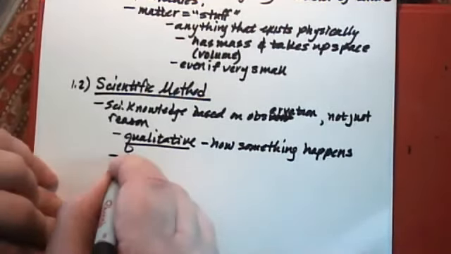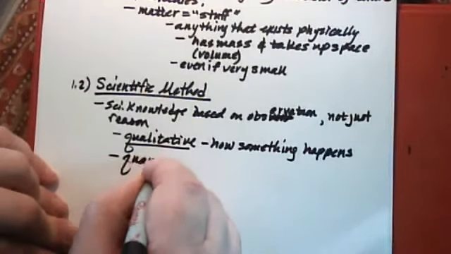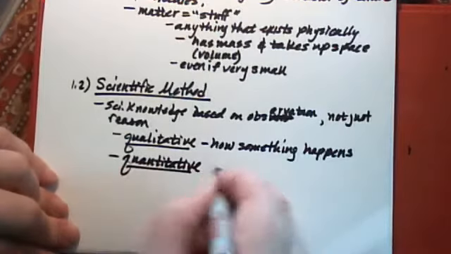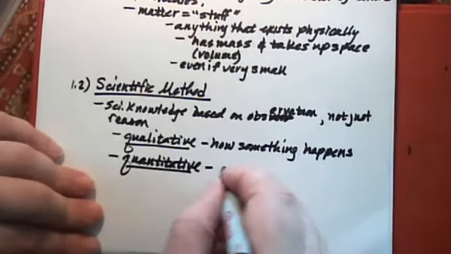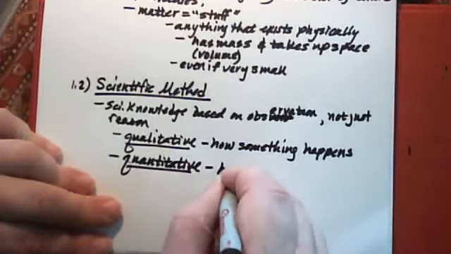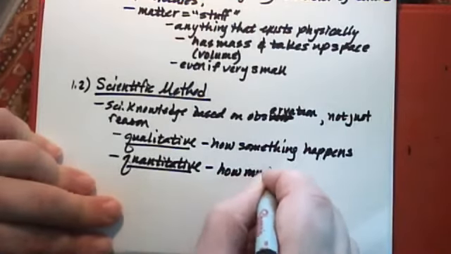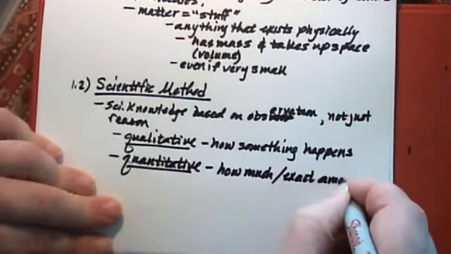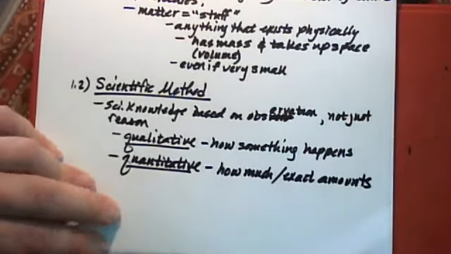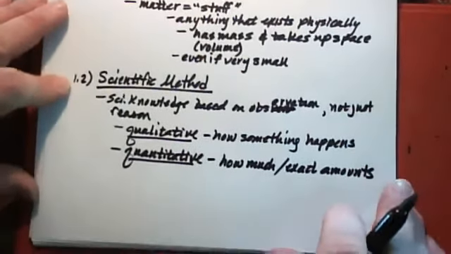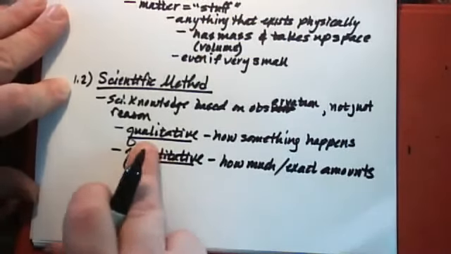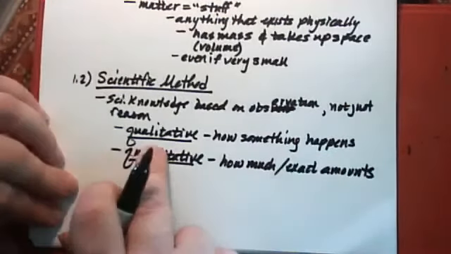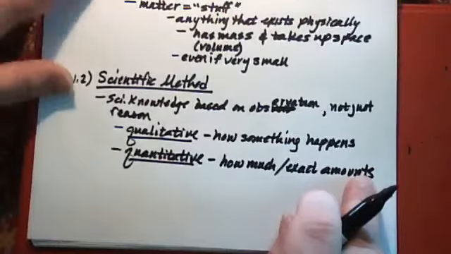Okay. Quantitative information is about how much, or exact amounts of things. So if you're talking about numbers, you're talking quantitative. If you're talking about what happens or how it happens, then you're talking qualitative.